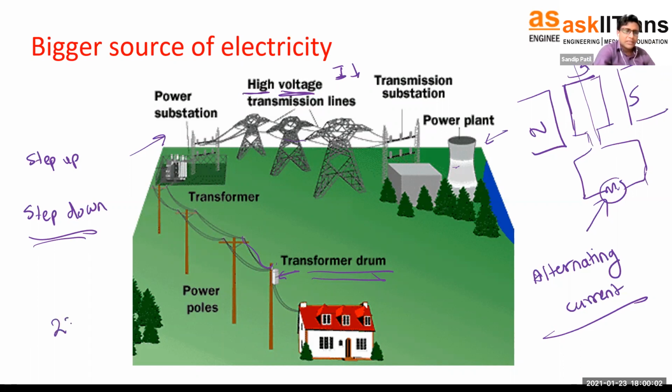Most probably 220 volts comes inside our home, and high voltage wires could have a voltage of 10,000 volts, right? Very big, right? So we cannot let that much voltage into our home. Therefore, we use the transformer drums here, right? So this is the bigger and major source of electricity, where we are going to get energy or electricity. Simple.